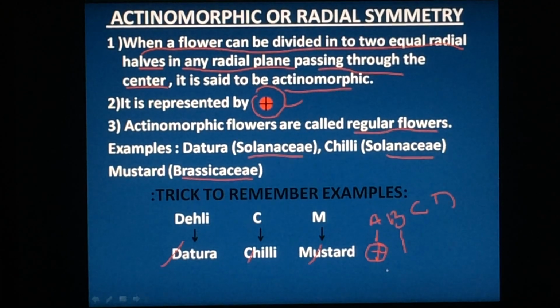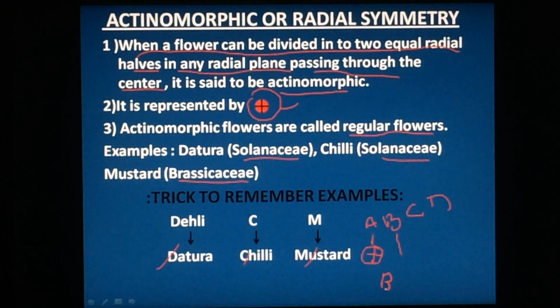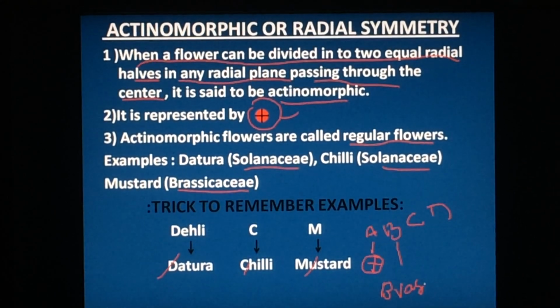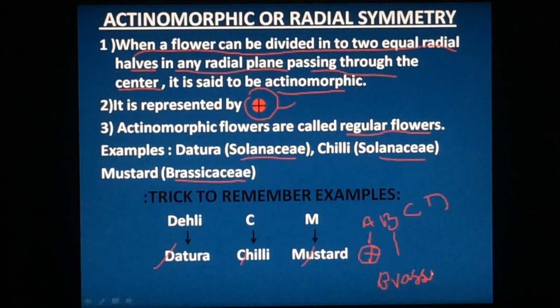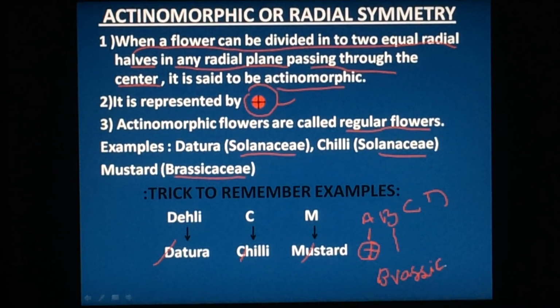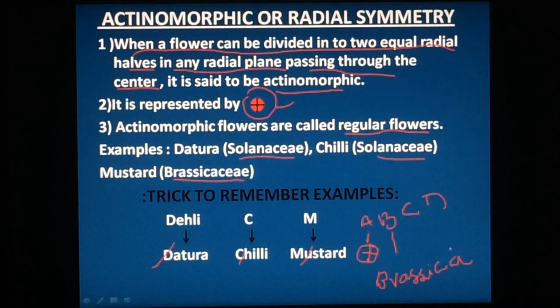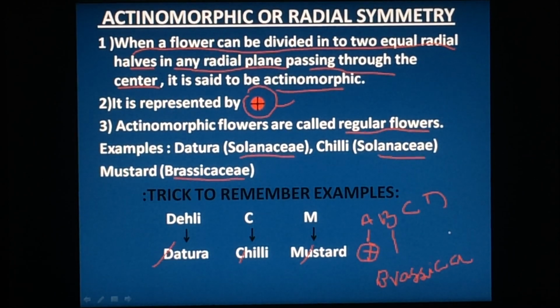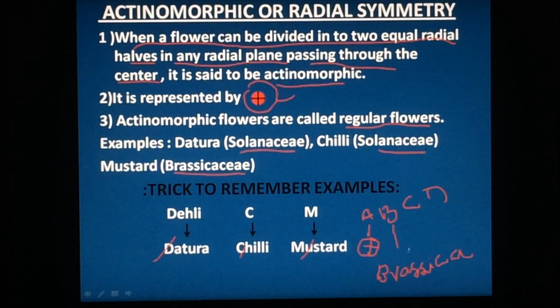B, Brassica, where mustard and cabbage belong.